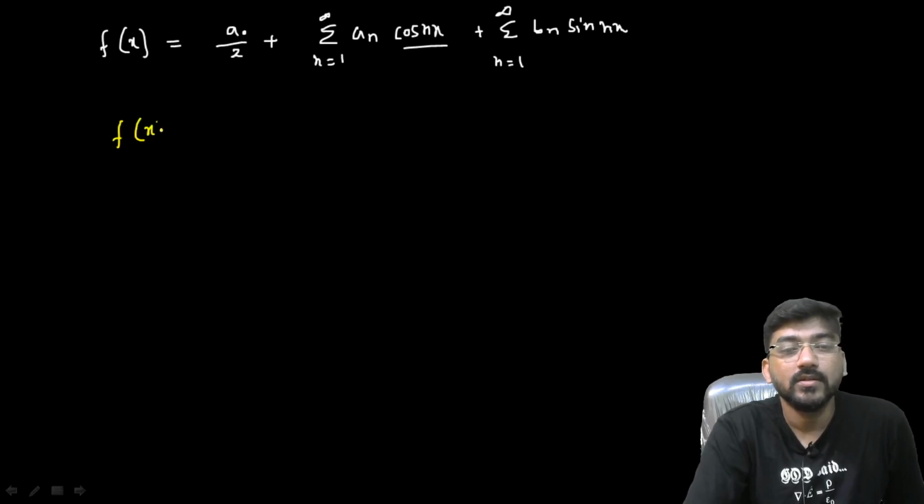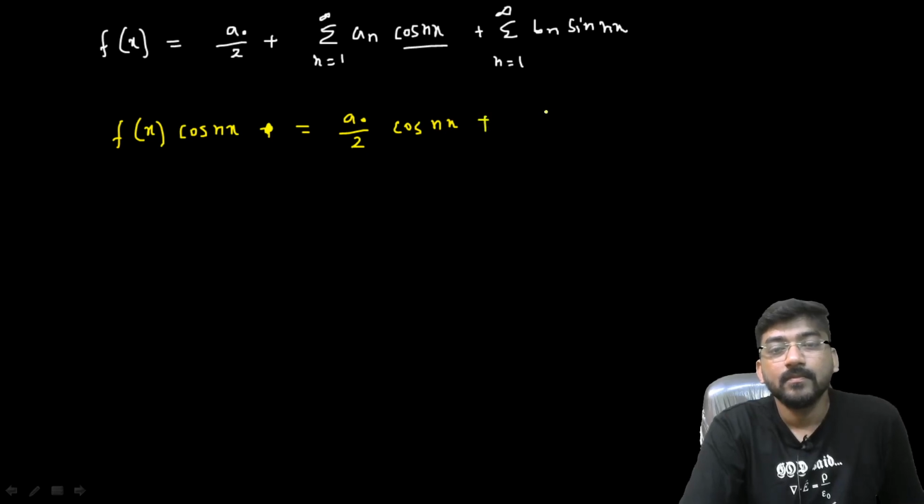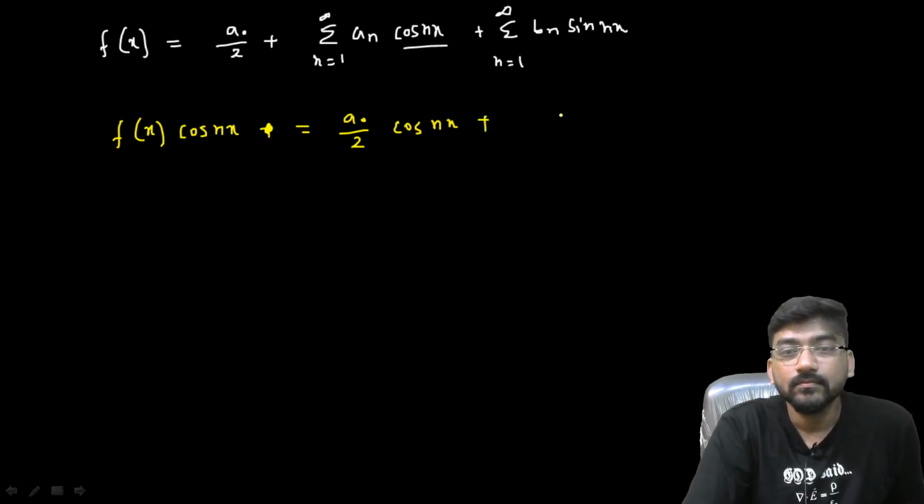You will get f of x cos nx equal to a0 by 2 into cos nx plus, let me just write only this value, let me ignore this summation, so it will be just an into cos square nx plus bn into cos nx into sin nx.